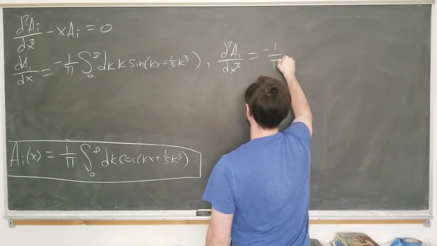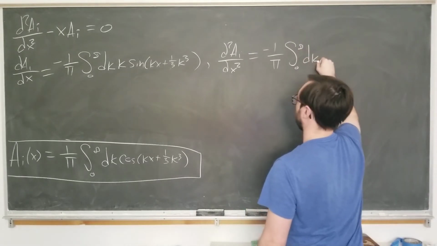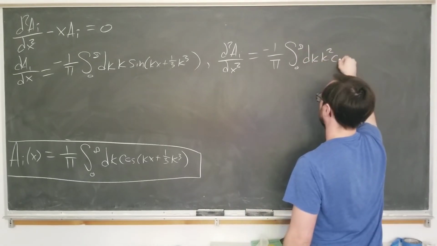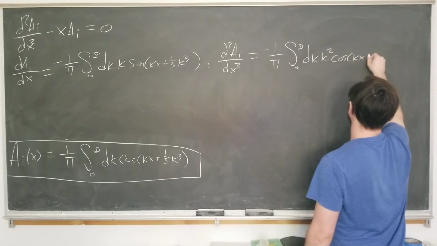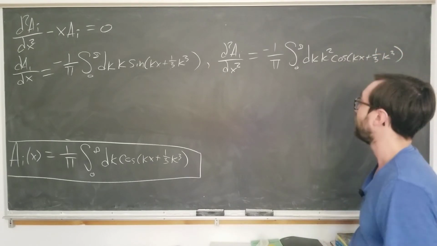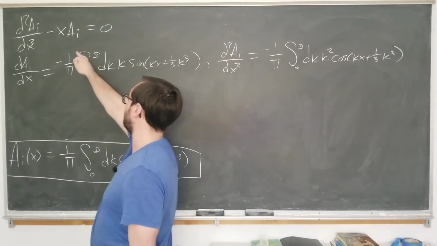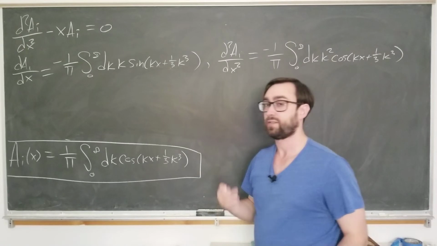Minus stays there as well. k squared cosine of kx plus 1/3 k cubed. Awesome. So now we just need to take this and subtract from it x times the original function with the k here.